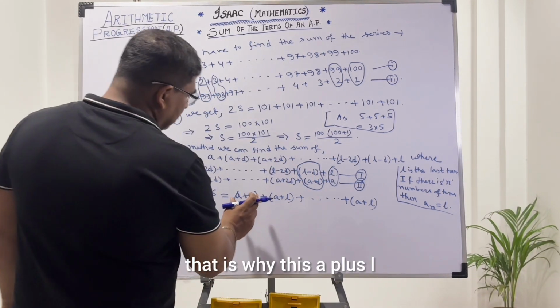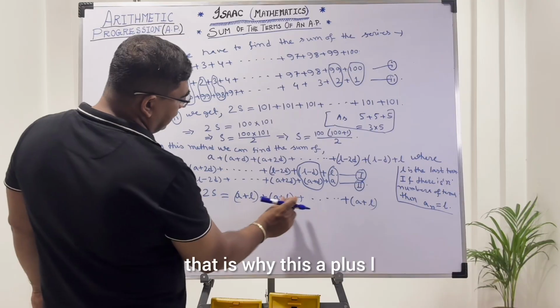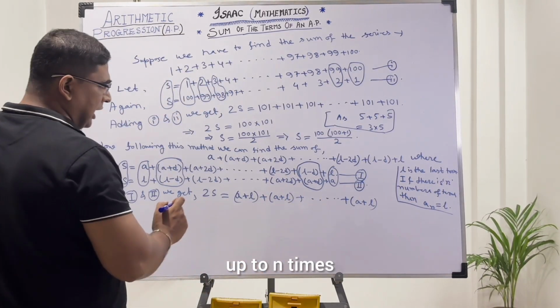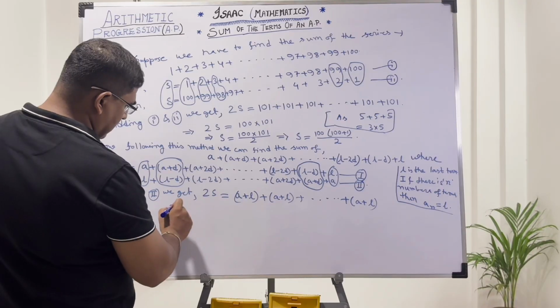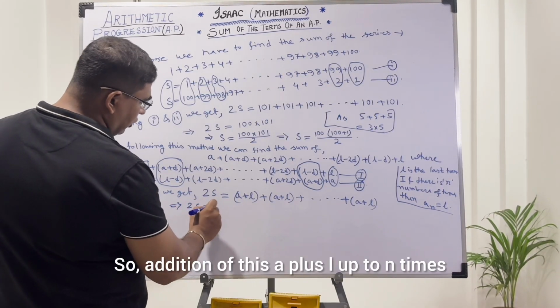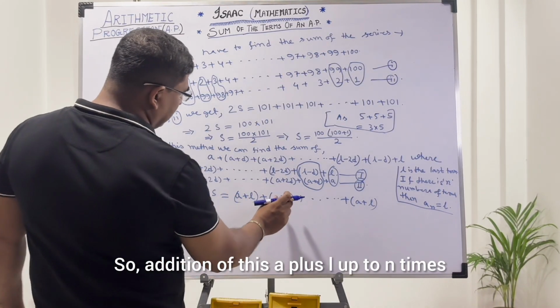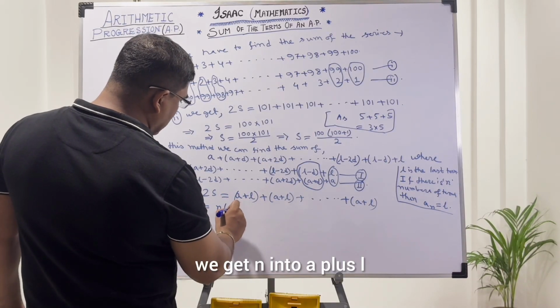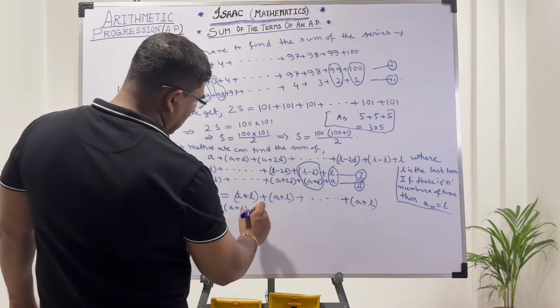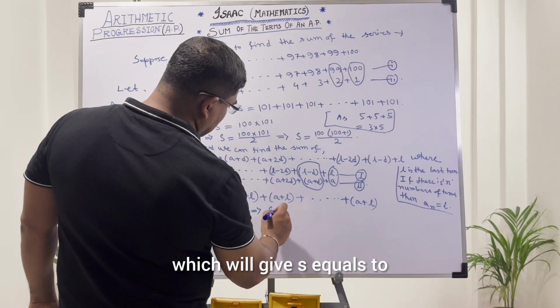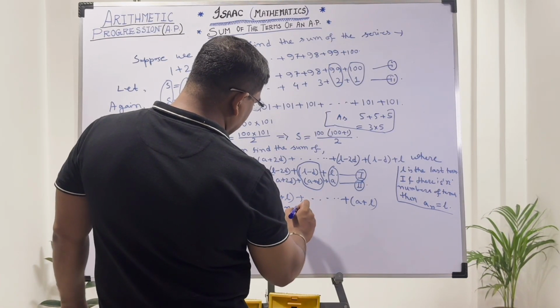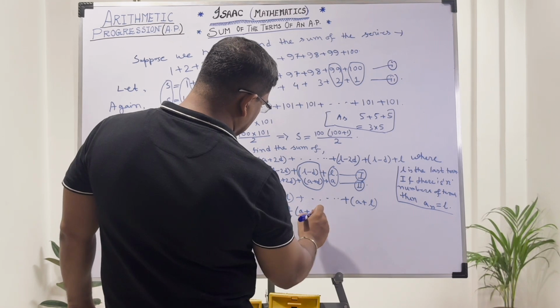That is why this a plus l is added up n times. So addition of this a plus l up to n times, we get n into a plus l, which will give S equals to n by 2 into a plus l.